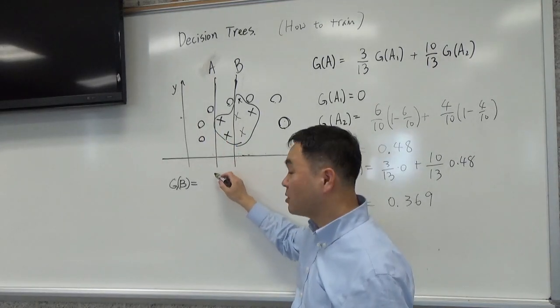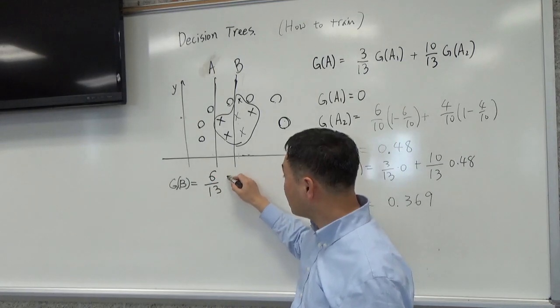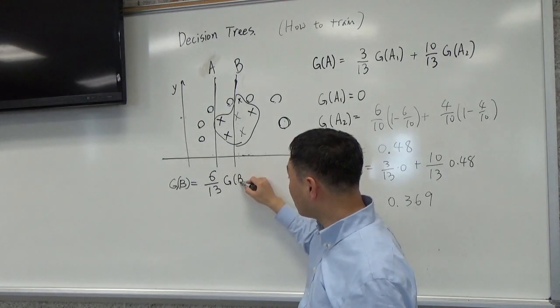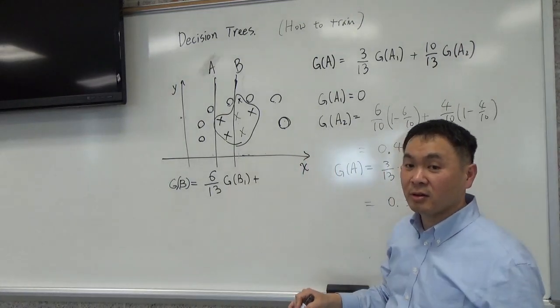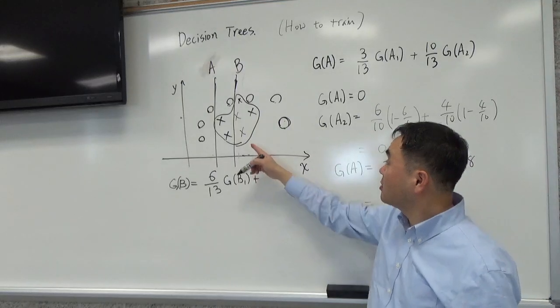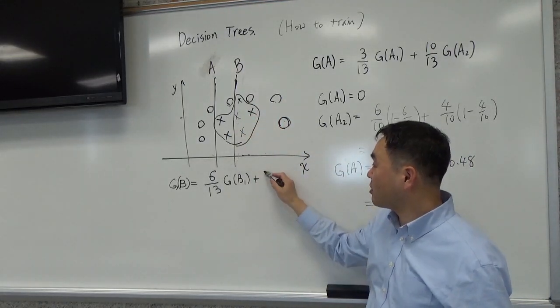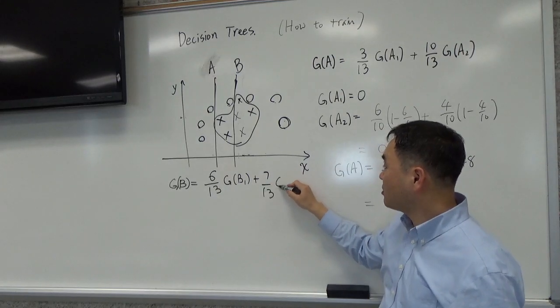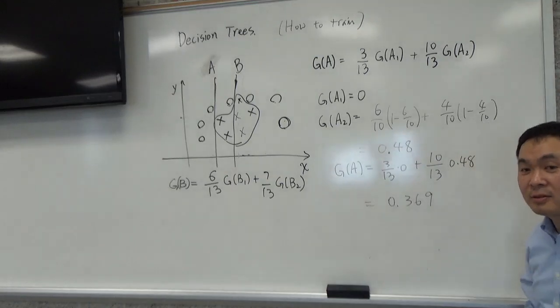So we do 6 out of 13 for the Gini impurity of B1, okay? Plus this other one, 1, 2, 3, 4, 5, 6, 7. 7 out of 13 times the Gini index of the second one.